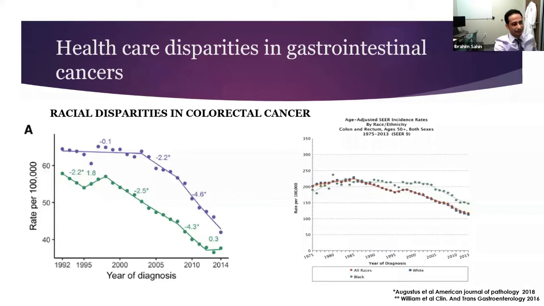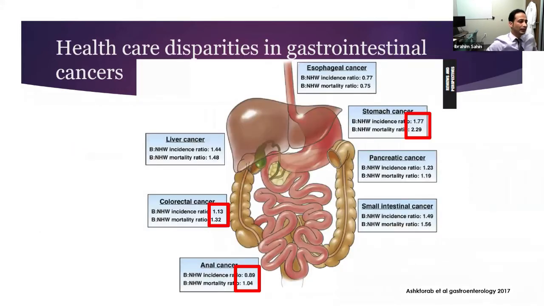The data that I'm presenting summarizes and demonstrates this big challenge. This figure shows the different types of gastrointestinal cancer that we treat, and I want to highlight a couple of them.